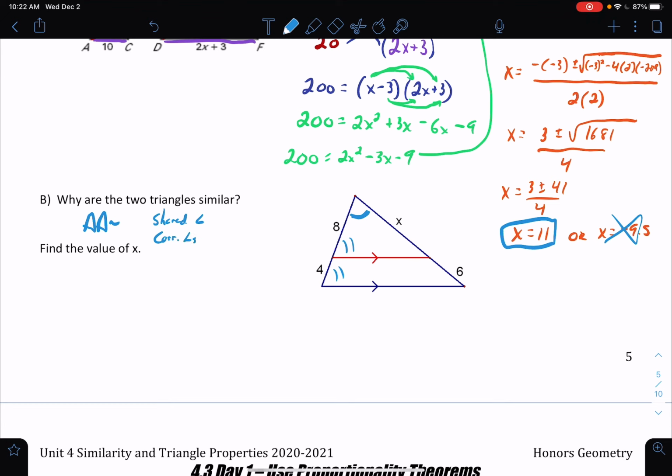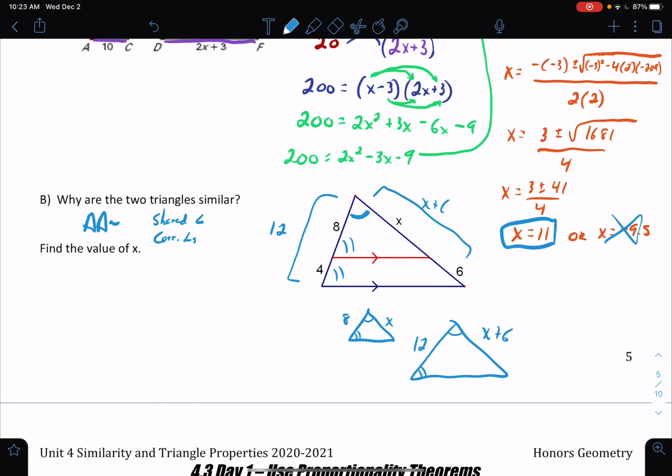All right, so now that we know that these two triangles are similar, we can set up a proportion. So if I draw these triangles separately, we've got 8 and x for the top smaller triangle. And for the bigger triangle, we've got 12 and x plus 6, right? This is going to be 12. This is going to be x plus 6.